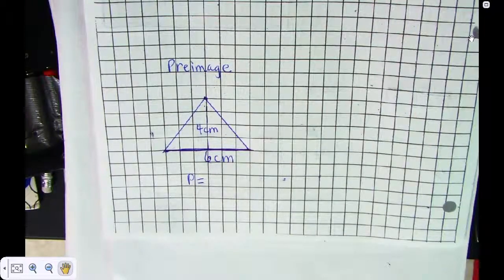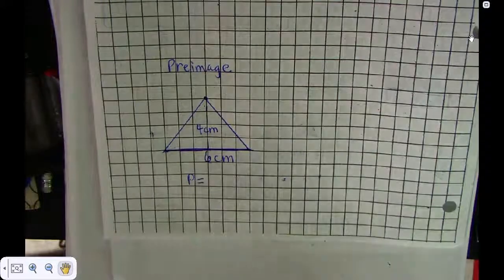Nobody can tell me the perimeter. Nobody in here knows the perimeter.